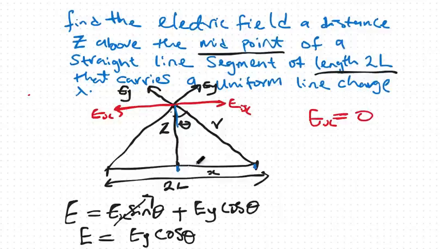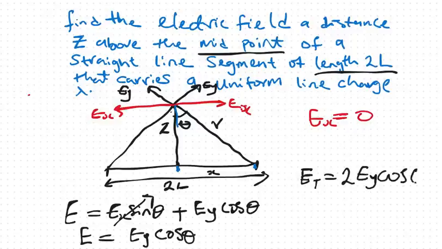But this is actually an isosceles triangle. So in that case, the total electric field should be equal to 2 EY cos theta, 2 in the sense that you have this triangle and another triangle, which are equal.